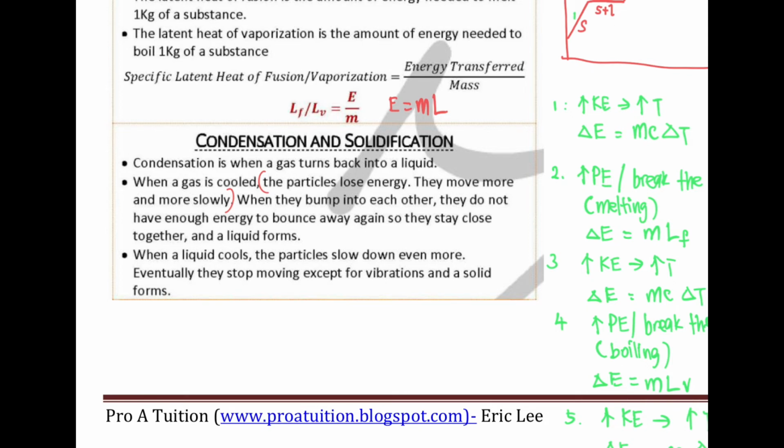Let's focus on this: the particles lose energy, they move more and more slowly. When you see this, you have to understand that the energy here is the kinetic energy. They lose kinetic energy, so they move slower and slower. The decrease in kinetic energy causes a decrease in temperature.